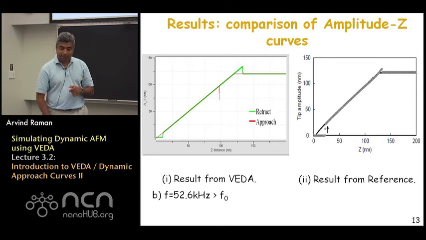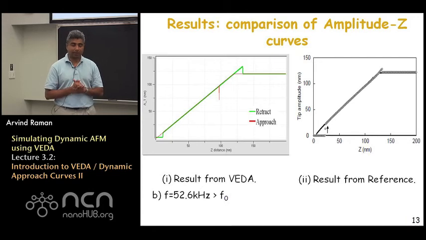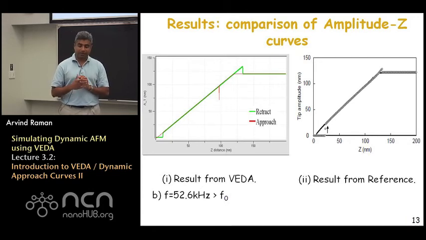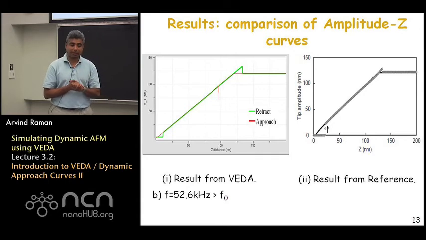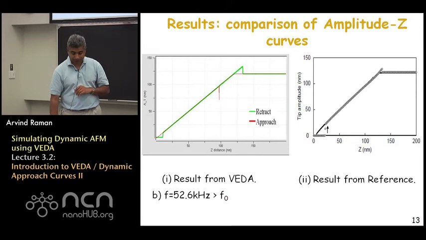On the next slide, we're looking at the case when the drive frequency is 52.6 kilohertz, just a little above the natural frequency of the oscillator. When you look at the approach and retraction curves, there's a big difference now, in that when one is retracting, you have to go out a little further in Z before the amplitude comes back to the free amplitude that we saw earlier. So there's this interesting hysteresis that is fairly typical of this coexistence of attractive and repulsive regimes of oscillation. On the right is the experimental result from the reference, which shows a very similar behavior.